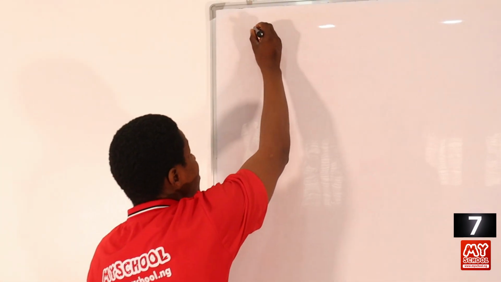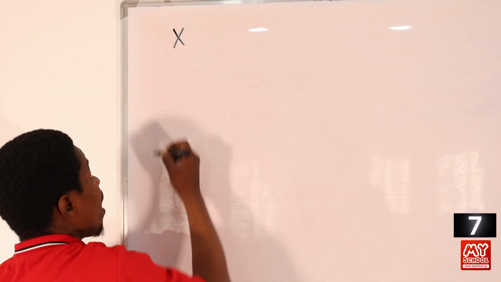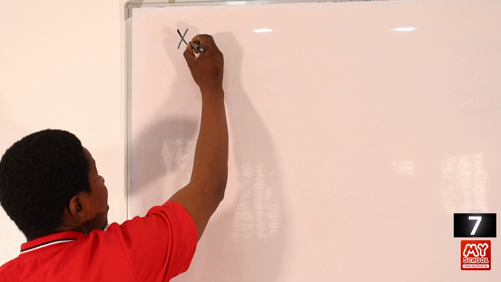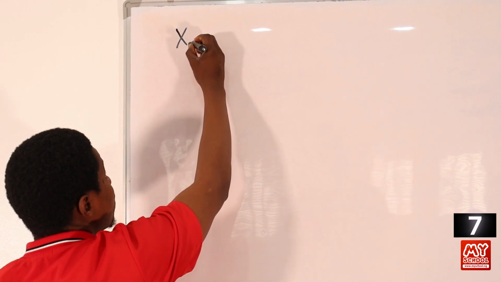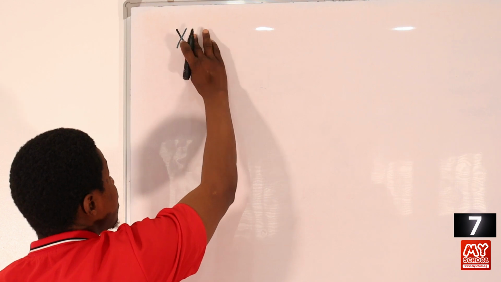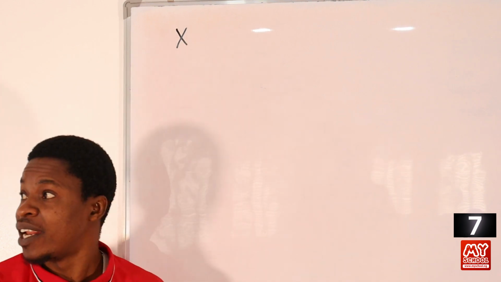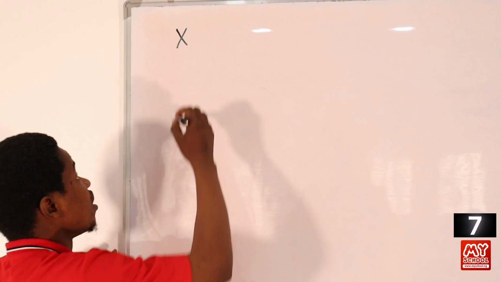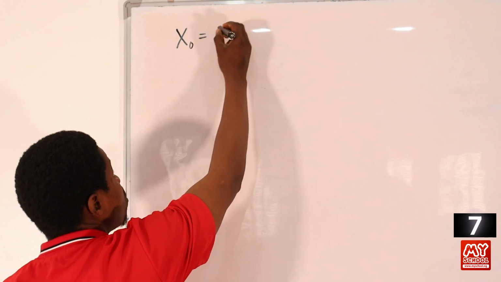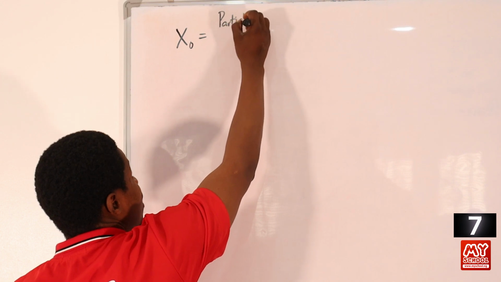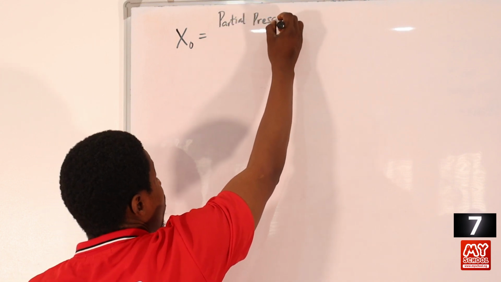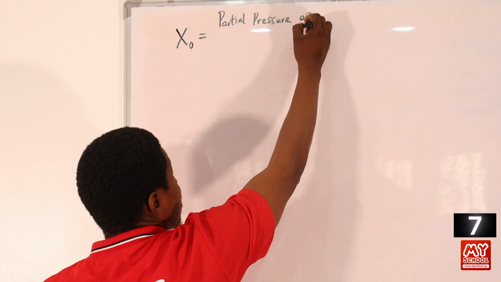So to solve this, we'll represent the mole fraction with X, okay? We'll just write X subscript oxygen, because we're asked to calculate the mole fraction of oxygen. So the mole fraction of oxygen will just be the partial pressure of the gas. Which gas are we looking at?